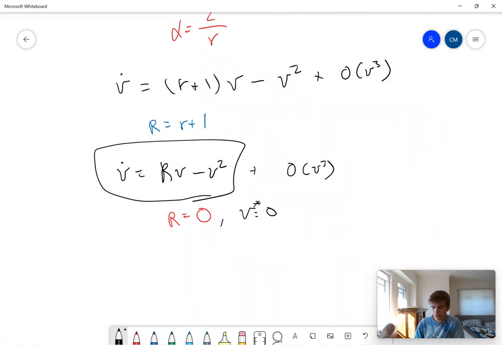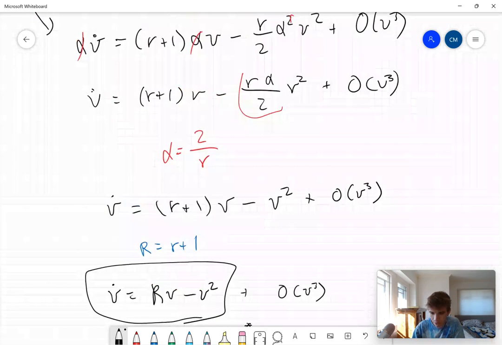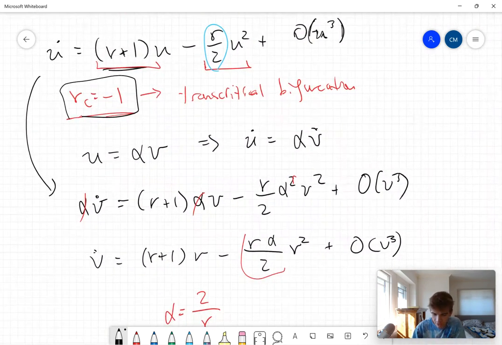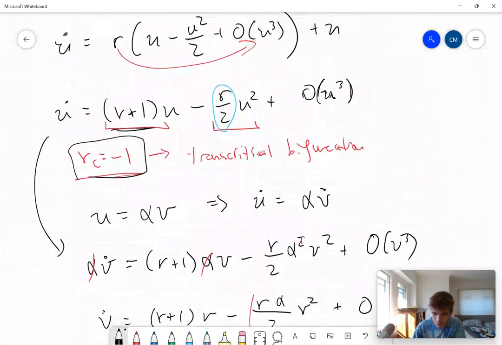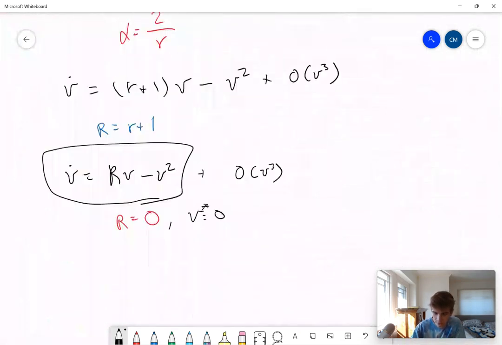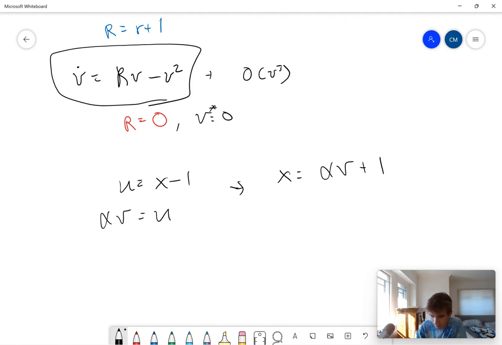And going back to our original variables, which is important, we will observe that we have a little r critical of -1. And then if I go back, I will remember that u was precisely x minus 1. Okay, so we have u is equal to x minus 1, alpha v is equal to u. So I'm going to get that x is equal to alpha v plus 1.